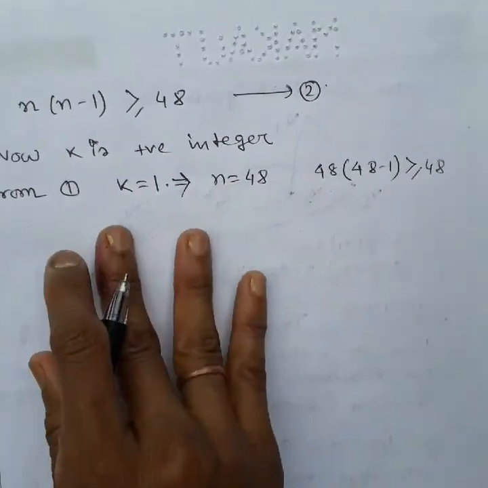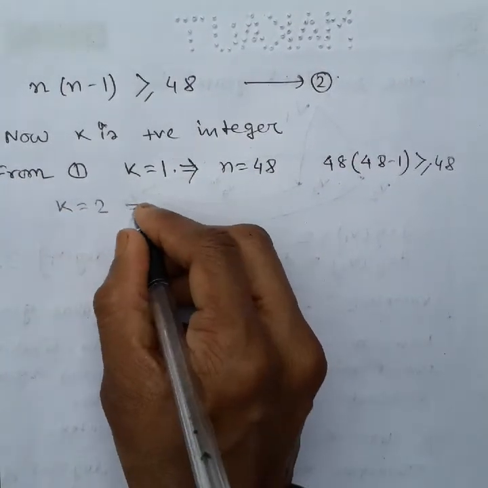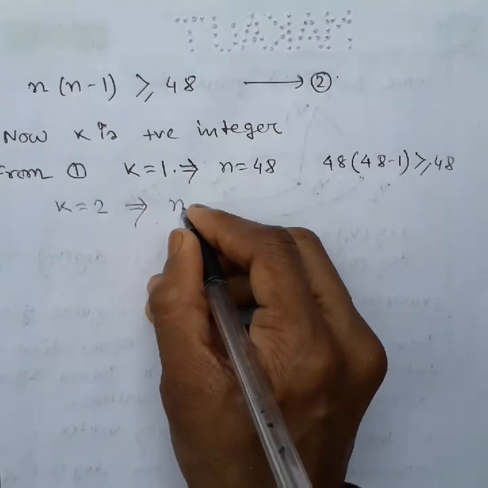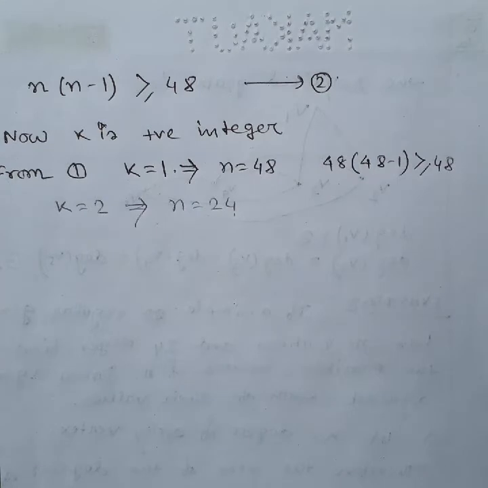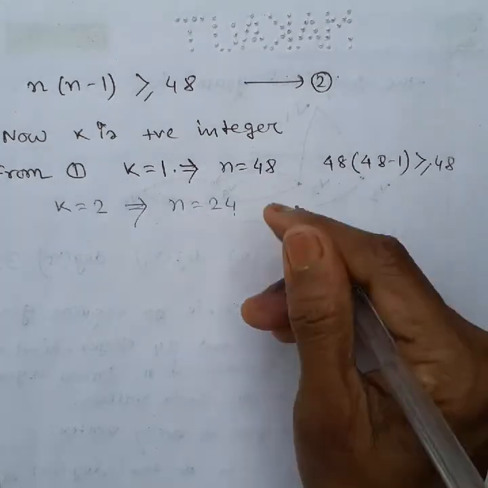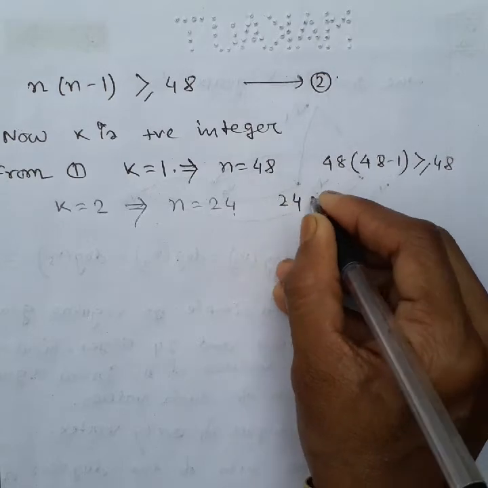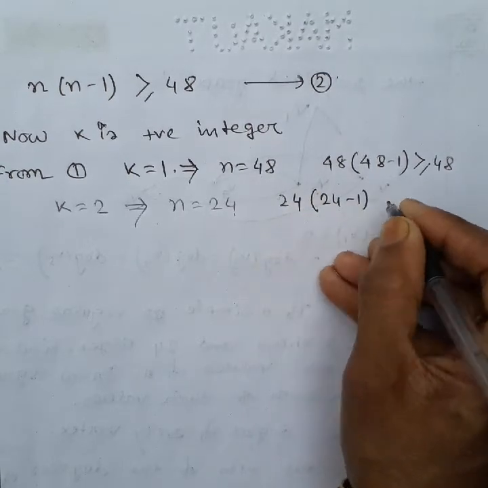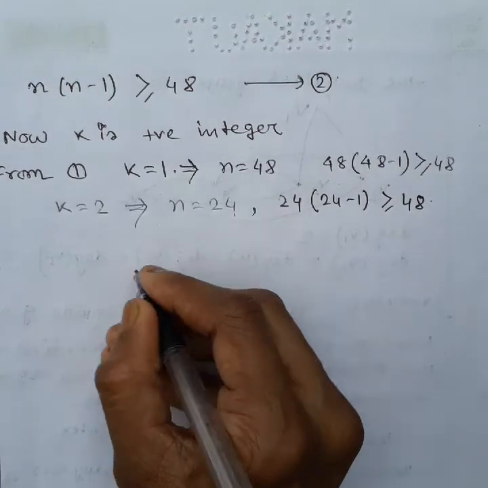When k is equal to 2, n is equal to 24, and 24 into 24 minus 1 is also greater than or equal to 48.